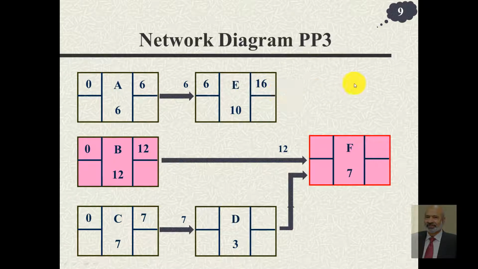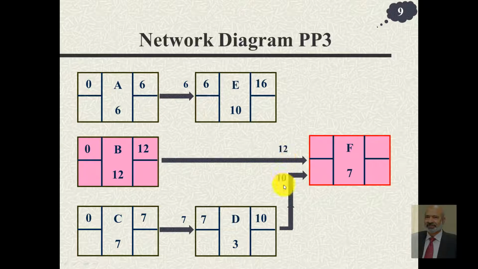Since nothing follows, this would go up till the end. Whatever is the time of completion of the project, that may be more compared to this. So this 7, which was on the head of the event, comes here as the earliest start time of D. Add 3 to 7, you get 10, and you also write 10 here. Now this is like a forward pass, so we pick up the larger of the two.